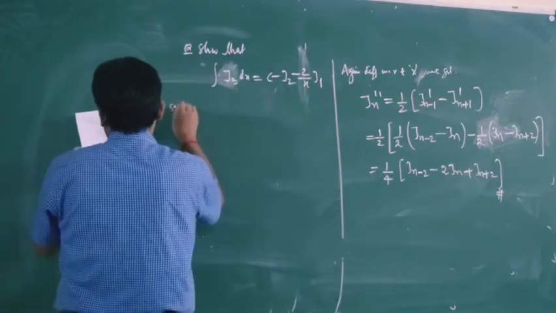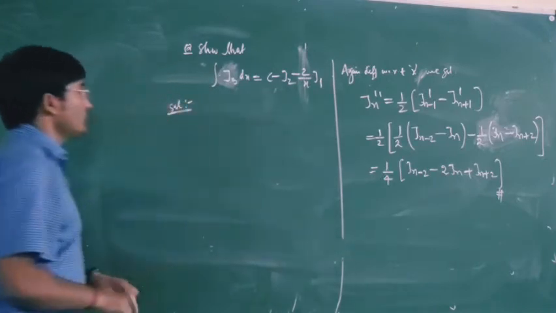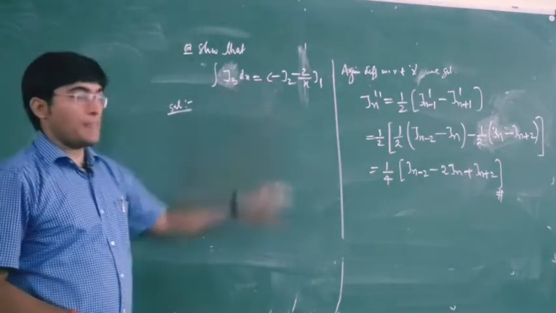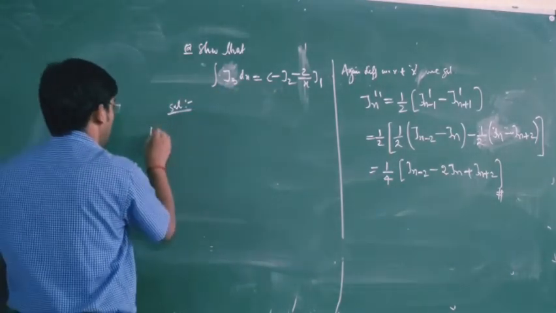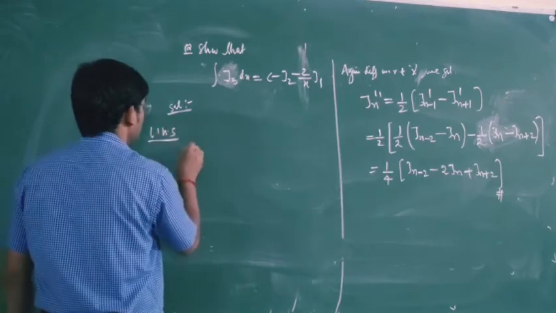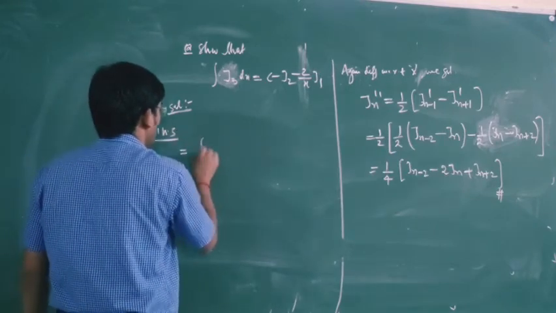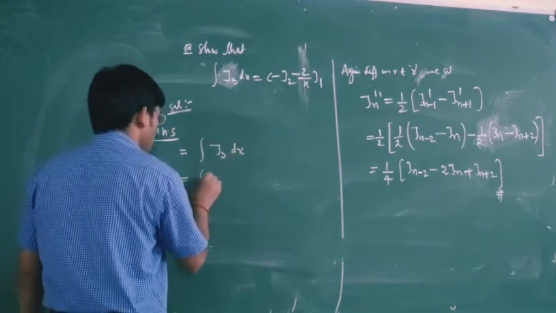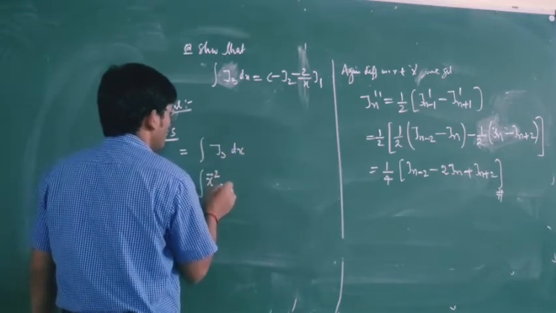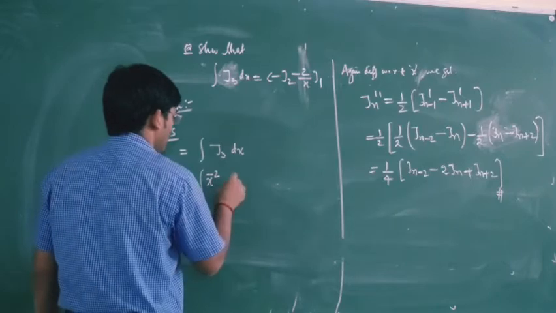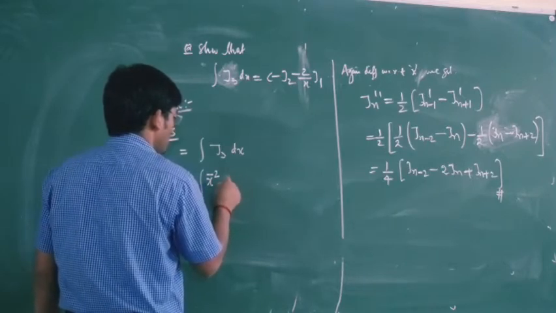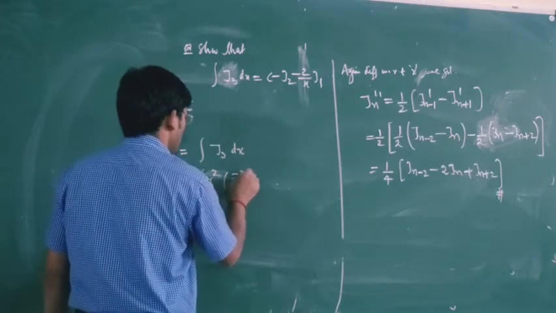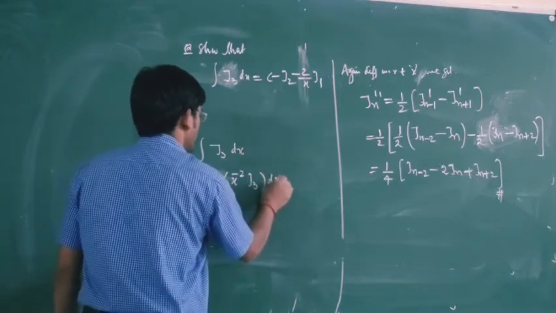So solution. Let us prove that integration of J3 equal to this one. Let us start with the left hand side, which is J3 dx. Now we can write this one as x power 2 into x power minus 2 into J3 into dx.